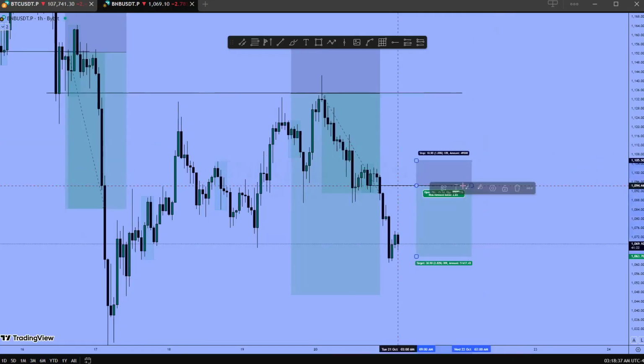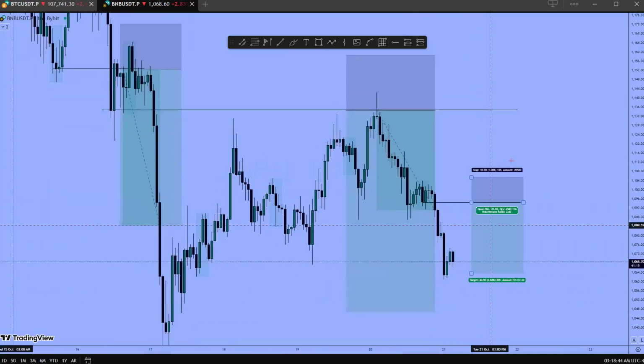This is what I'm especially expecting price to do, to get to this point again and continue the sell to the downside.